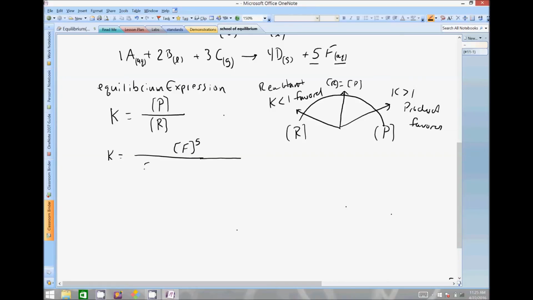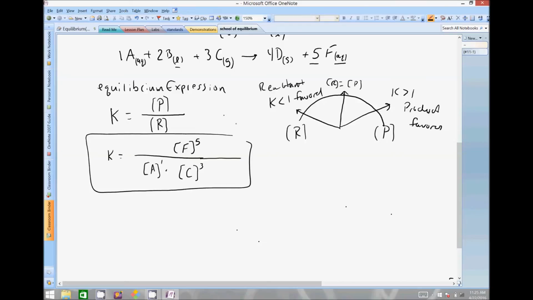A, I have concentration of A to the first times the concentration of B. B is a pure liquid, cannot include B. And then concentration of C is a gas. Now gases have volumes, they have moles, so they can easily be converted to moles per liter. There we go. This is the equilibrium expression for that particular process.